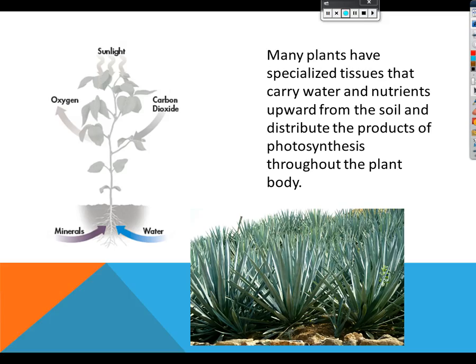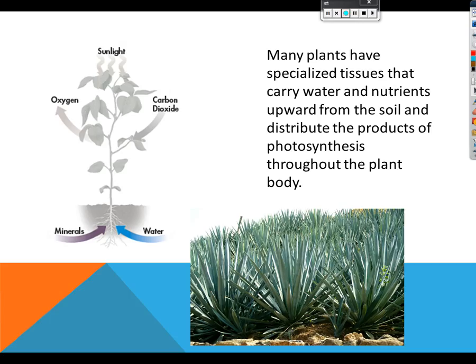Phloem pulls what? Or moves what? Moves not water, but typically sugar from where to where? From the leaves to the rest of the plant. Therefore, since it's going from the leaves to the rest of the plant, then that phloem tissue is going to push up and down in both directions.